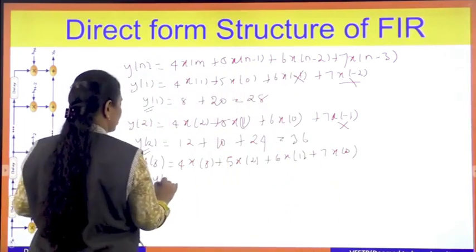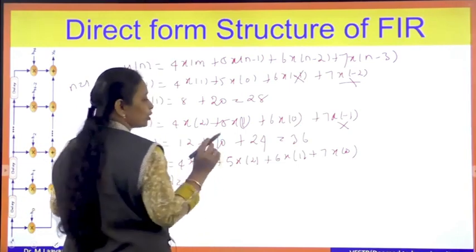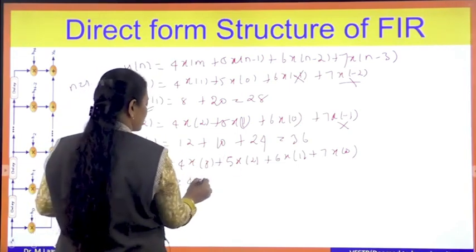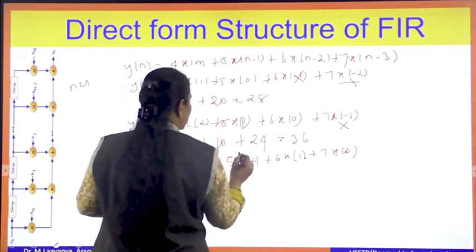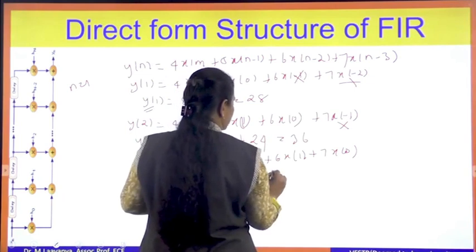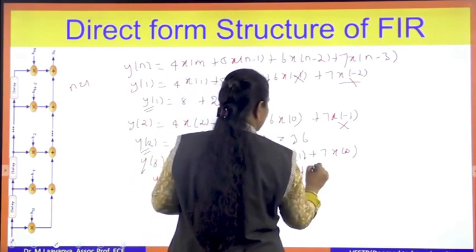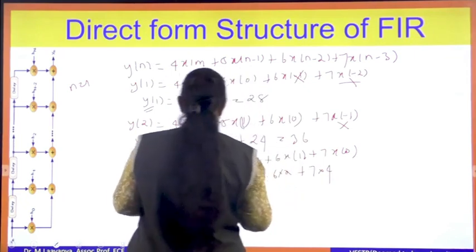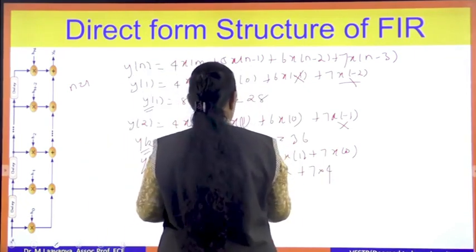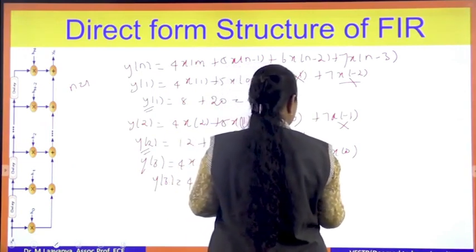I will have y of 3 equal to 4 into x of 3. 0, 1, 2 was there, so x of 3 became 0, plus 5 x of 2, x of 2 was 3, plus 6 x of 1, x of 1 was 2, plus 7 x of 0, x of 0 was 1. So I will have 15 plus 12 plus 7, which is 34.